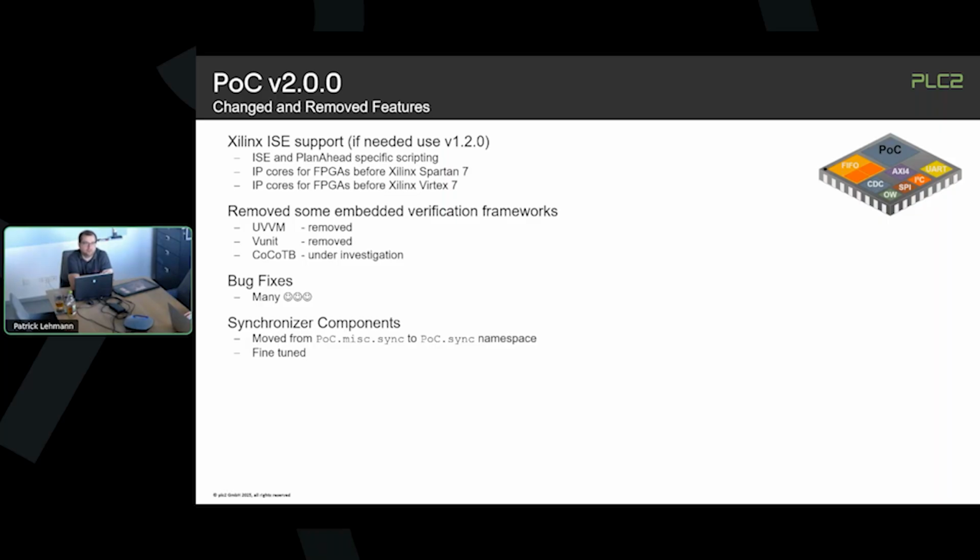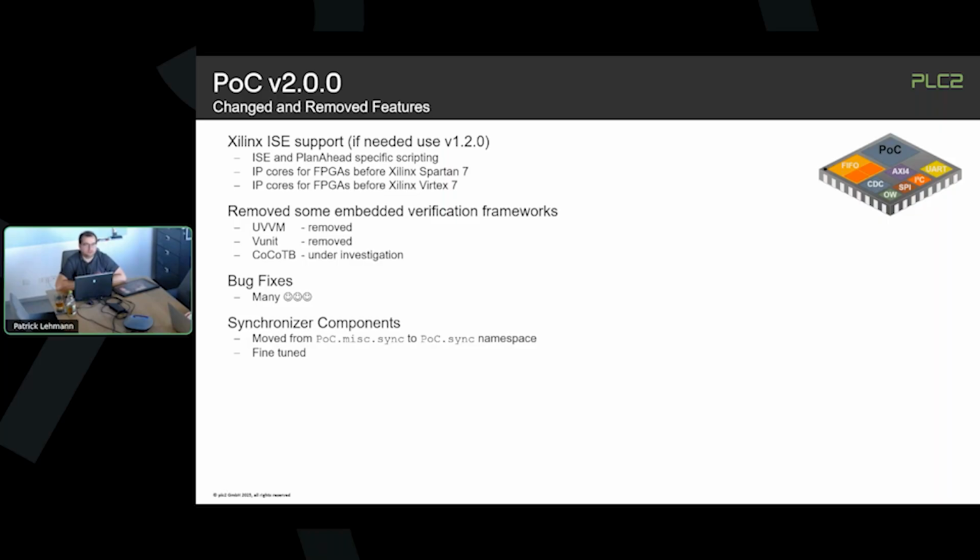So we kicked out UVVM and VUnit, and cocotb we need to review. There's one test case inside that was written with cocotb. If we keep it or not, that's still under investigation. This removal is not due to technology. It's about keeping PoC small and streamlined and not being a collection of all VHDL code out there.